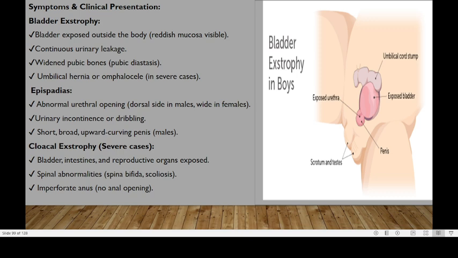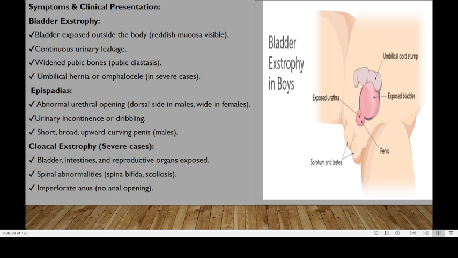For the epispadias, abnormal urethral opening on the dorsal side, and for the females, we'll have wide urethral opening, right? Yes. And then urinary incontinence or dribbling could also be seen. Short, broad, upward curving penis for the epispadias, right?